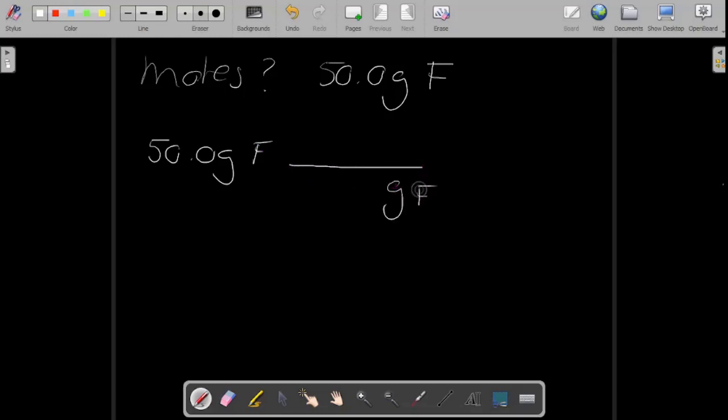Grams of fluorine can be converted into what? Moles of fluorine. But to be able to do that, you need a conversion factor. You need to know how they are related.